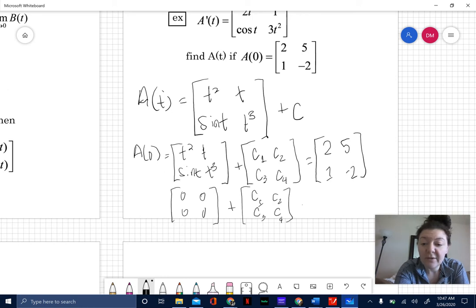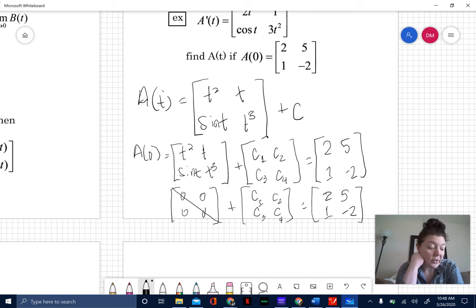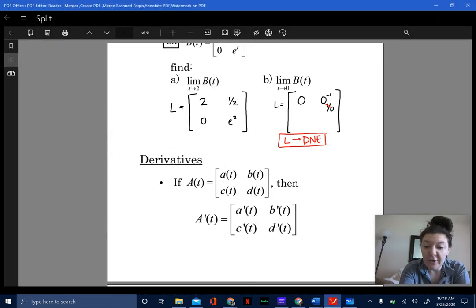Because if that's the 0 matrix, then that just means that we actually have C1, C2, C3, and C4 right here. Okay. Now, if those are all of our C values, then we go back up to A of t and we plug those in to get our full matrix for A. So I'm going to go back to my written notes here.